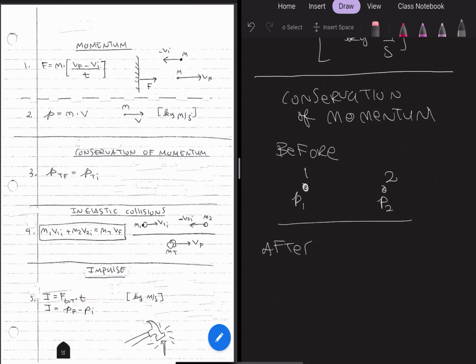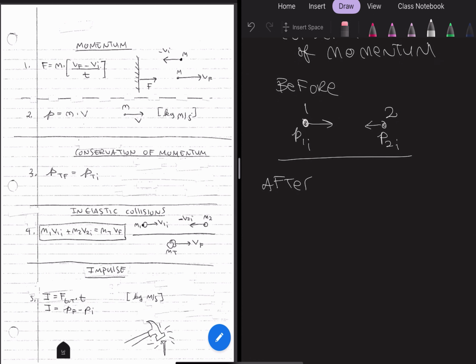Let me say that this is P1 initial and P2 initial. So this is before the collision. They're moving at some random velocity, but the combination of their mass and velocity, we're going to call that momentum. So before the collision, each object has a momentum P1 and P2.